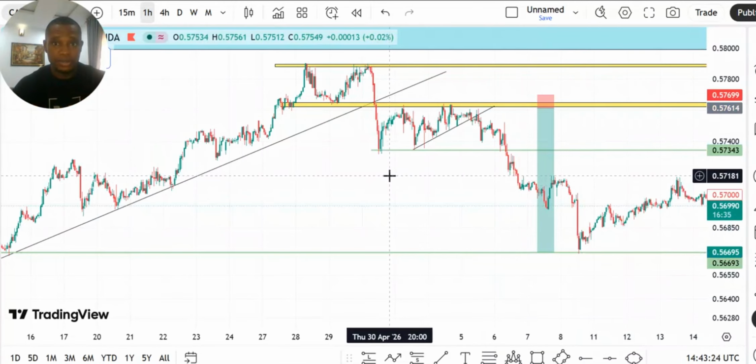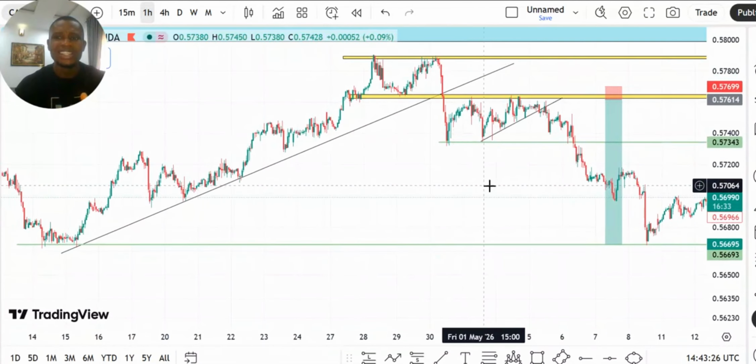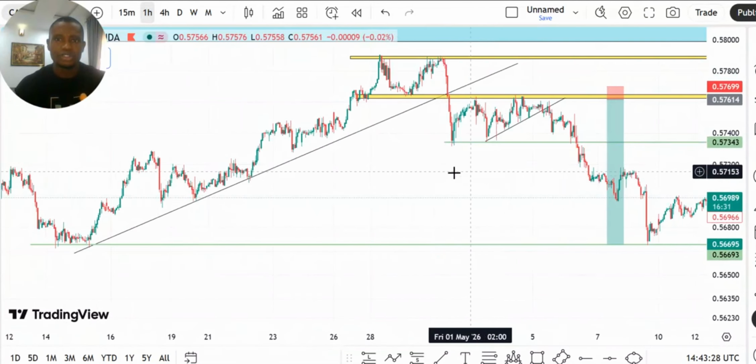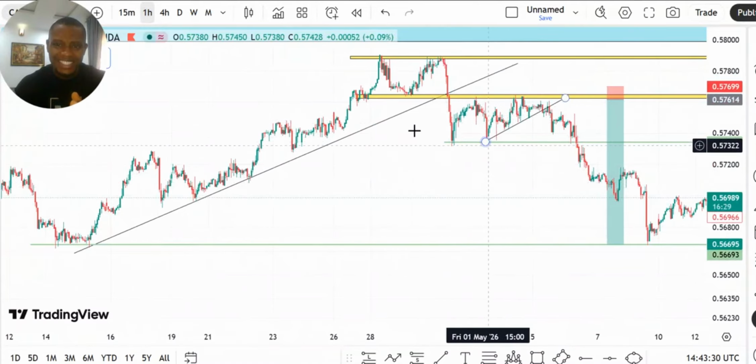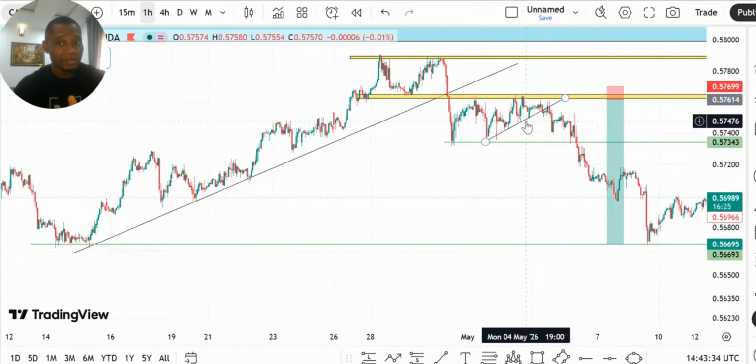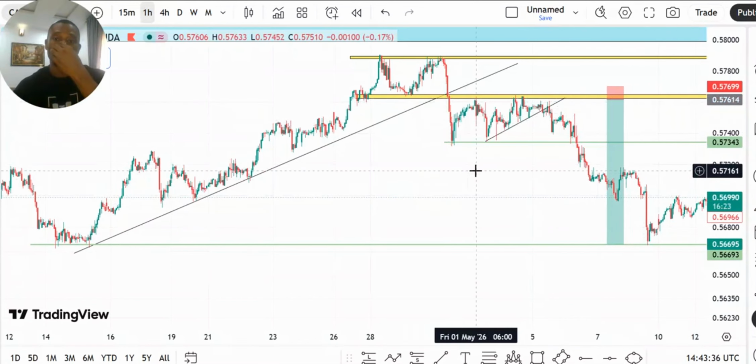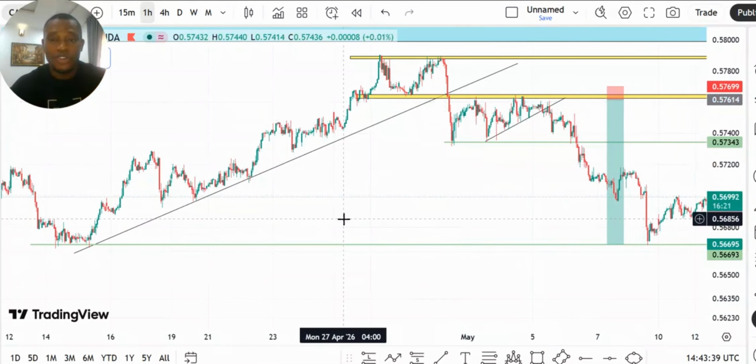So you just have to patiently wait for this trend line to be taken out, and also your counter trend line to be taken out as well. It's not going to happen overnight. Sometimes it doesn't happen within one day, but patience keeps you safe in the game.